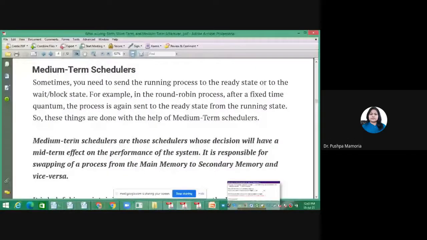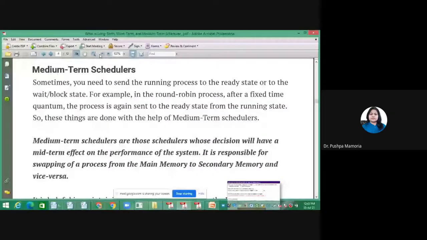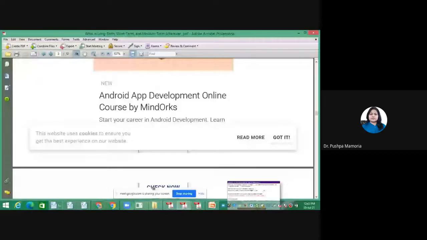So they are saying these are the schedulers whose decisions have a mid-term effect on the performance of the system, and they are responsible for swapping a process from main memory to secondary memory or secondary to main memory when the page is required. Okay, so this is the working of the medium-term scheduler. So now we have seen all three types of schedulers here.